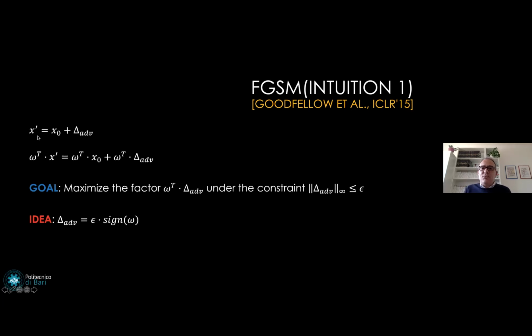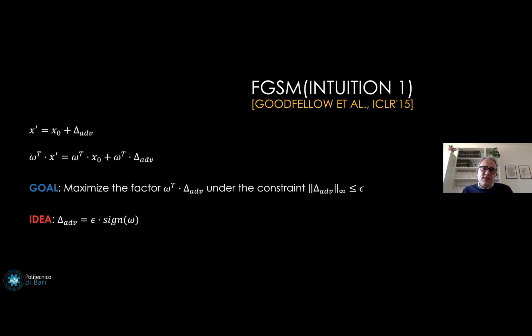So what happens if we compute the inner product between the values of a set of parameters and the perturbed input? Well, we have these two terms. The first one represents the original inner product between the parameters and the input, while the second one represents the effect that we have by adding this perturbation.